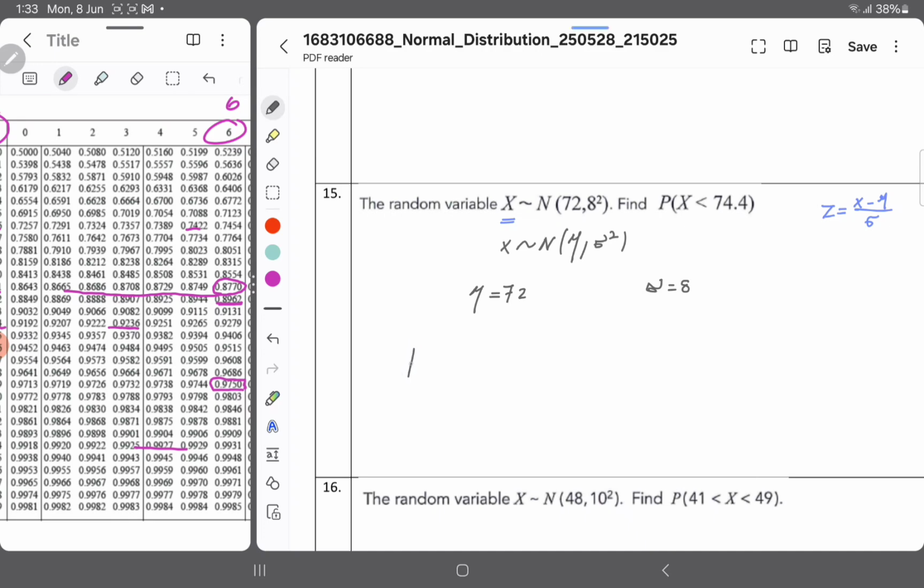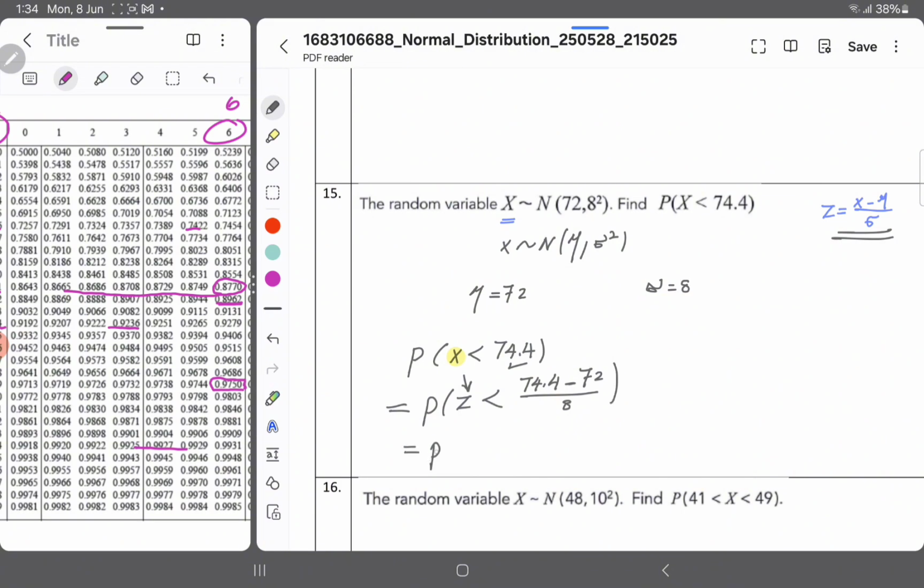Now to find that expression, the probability of x less than 74.4. First of all, we look for that x. To transform that x to z, we just use that rule, where the value of z equals 74.4 minus the value of mu from the given, which is 72, divided by the value of sigma, which is 8.